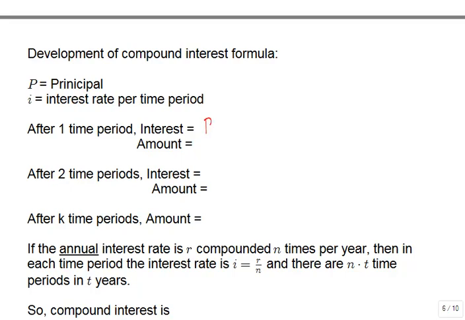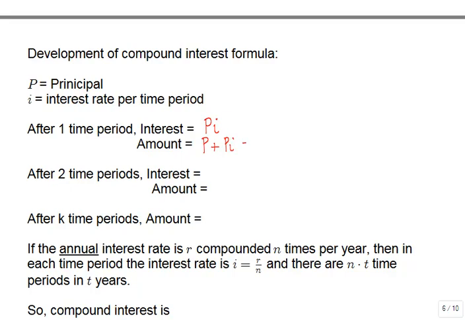So how much interest would you earn after that very first time period? Well, it would just be the principal P times the interest that you're earning. Okay, so it's principal times interest. So how much money would actually be in your account? Well, remember, initially we had P dollars in our account from our principal, and now we have just earned an additional interest amount of P times I. So the amount of money in our bank account would be the initial principal P plus the interest earned, which was this PI.